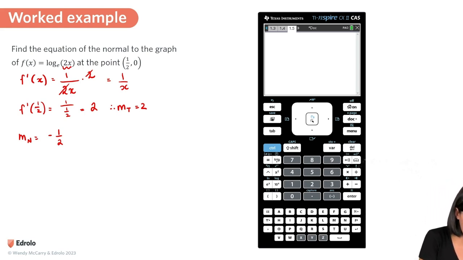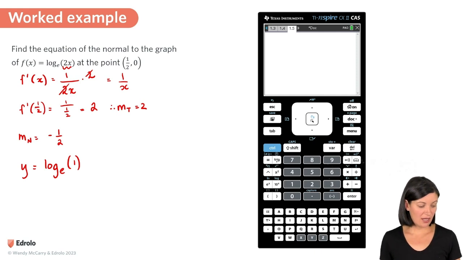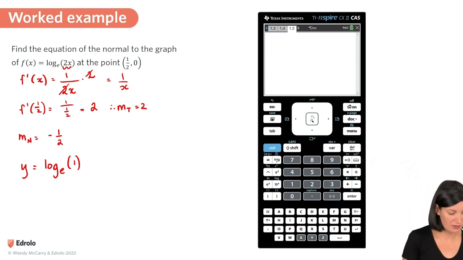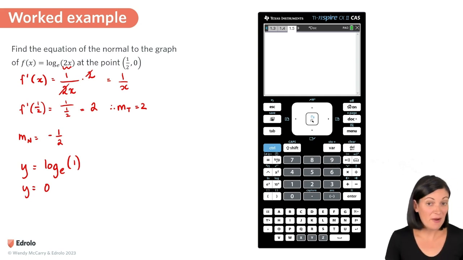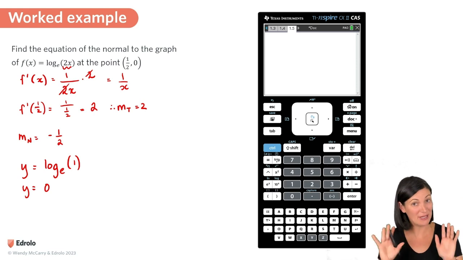So y would be equal to log base e of 2 times 1/2, which is 1. Now, log of 1 base e is just 0, because e to the power of 0 equals 1. So we get y equals 0. Oh, and that was actually given to us in the question. So I've done a little bit more work there than I had to, but there you go.